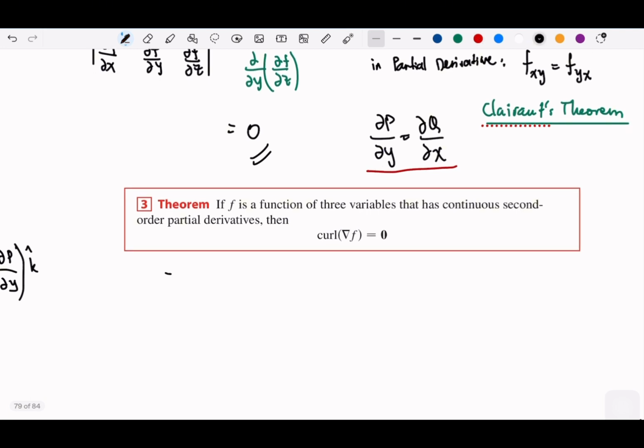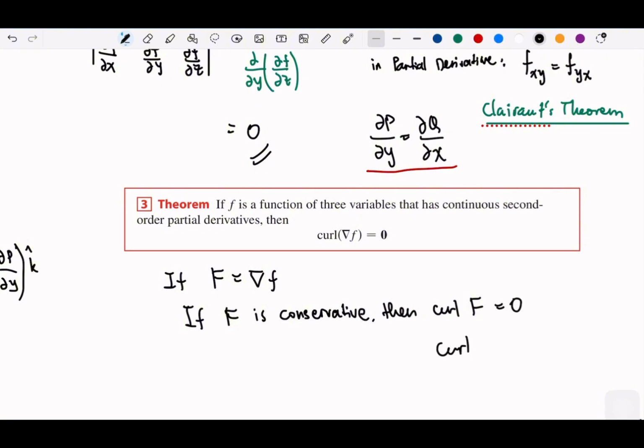So if we know that the vector field is basically the del of f, where the small f is a potential function, then if the vector field is conservative, the curl of the vector field is 0, or the curl of the del f is 0.